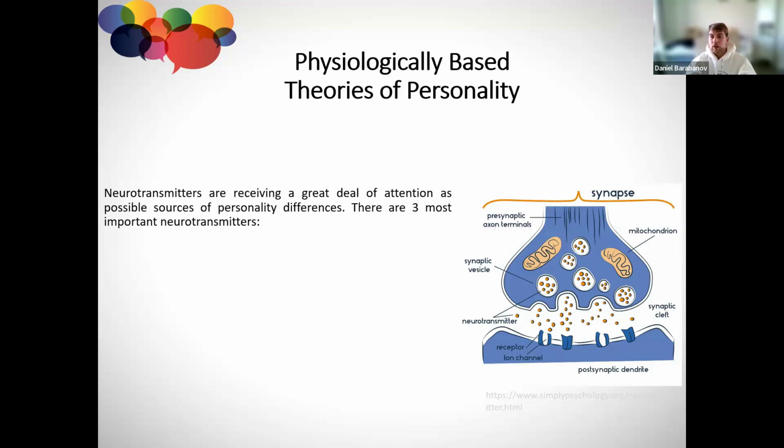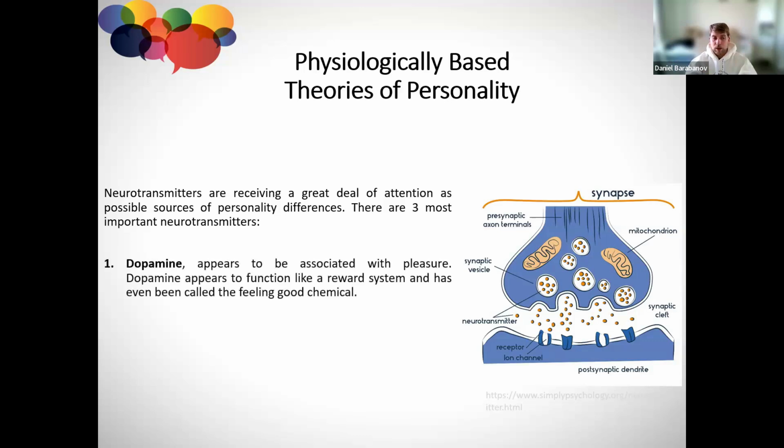Three neurotransmitters from the whole variety of them received more attention than others. It's dopamine, which we mentioned before. It appears to be associated with pleasure. Dopamine appears to function like a reward system and has been called the feeling good chemical. It's not responsible for pleasure itself. It's responsible for the feeling that if you continue doing what you're doing, you will get reward or pleasure later.